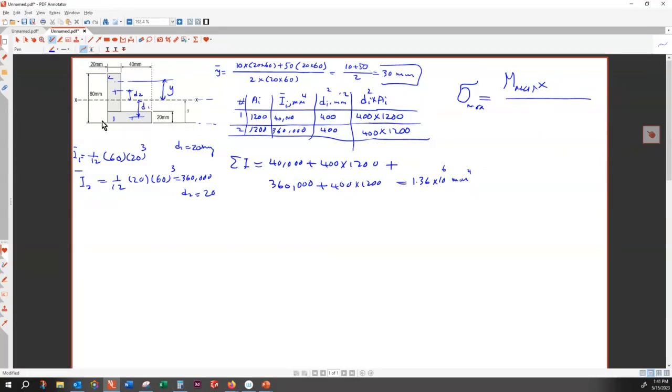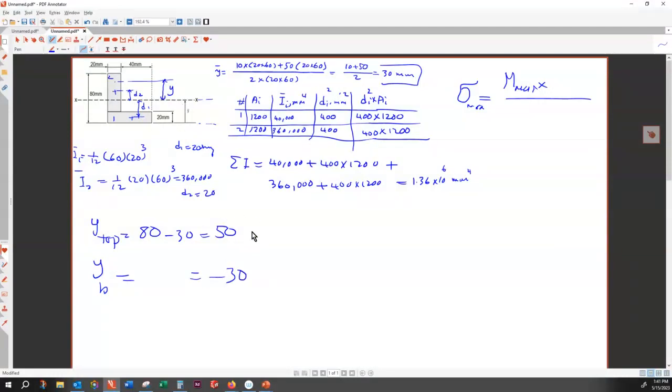Okay, top. Let's calculate the top. The total is 80, take away 30. So y for the top is 80 total, take away y, which is 50. And y from the bottom is simply minus 30.